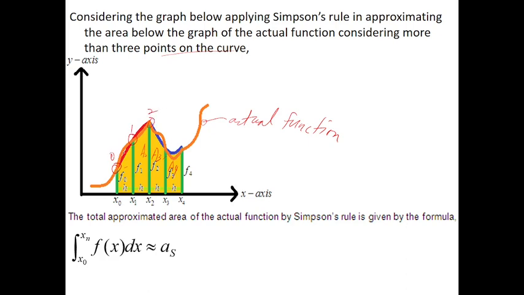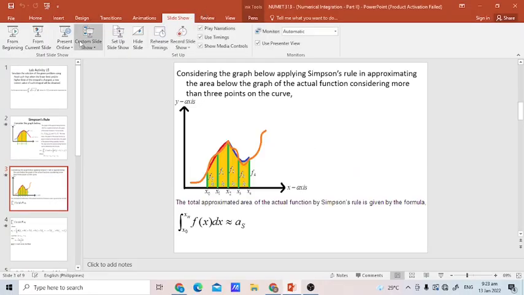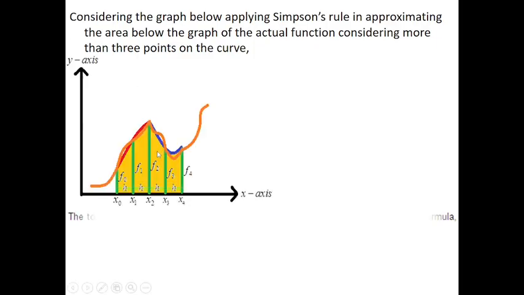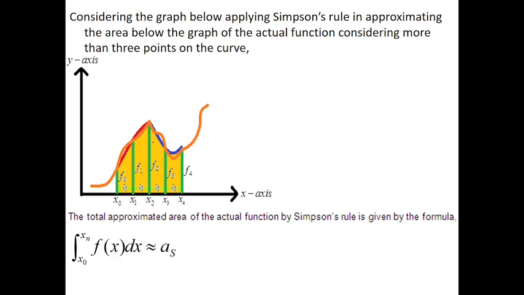Considering the 3 points, this is now the approximated graph, the red graph. So this red curve.